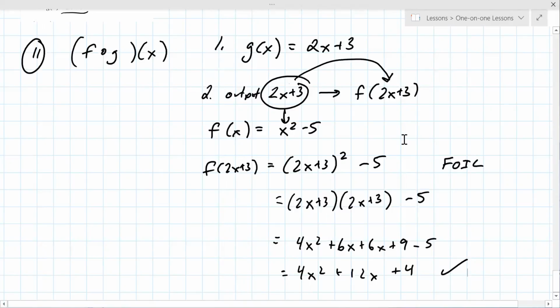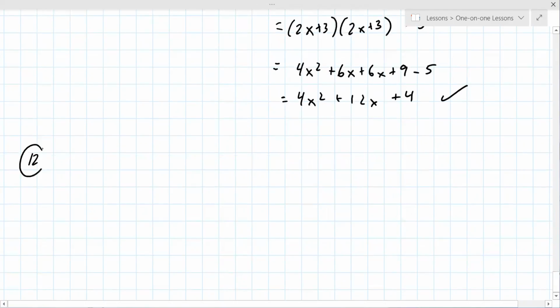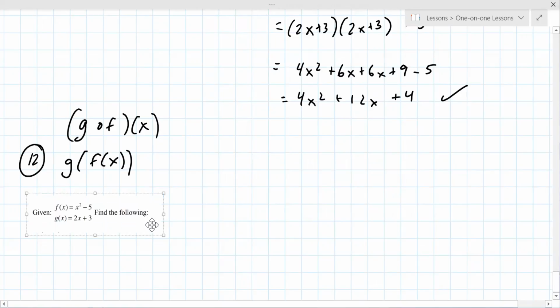Yeah, so let's move to 12. 12 is g of f of x. So this is the same as g bubble f of x, but this is how it was written on your practice thing. So I didn't snip this in, but it's the same equations.